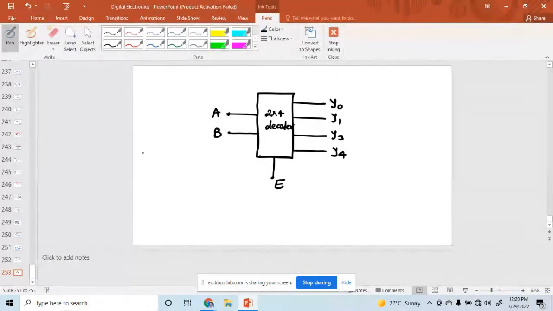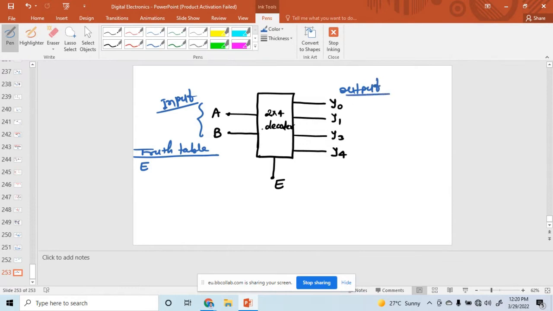I am writing here the enable line, then the data inputs, and this section is the outputs.